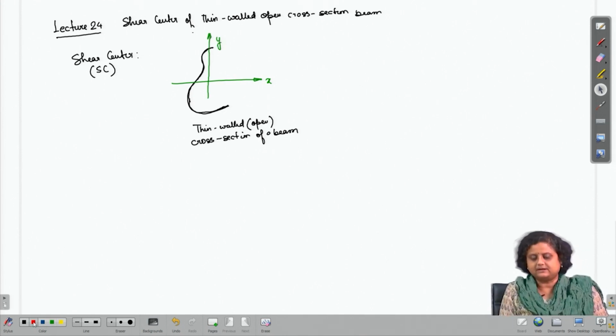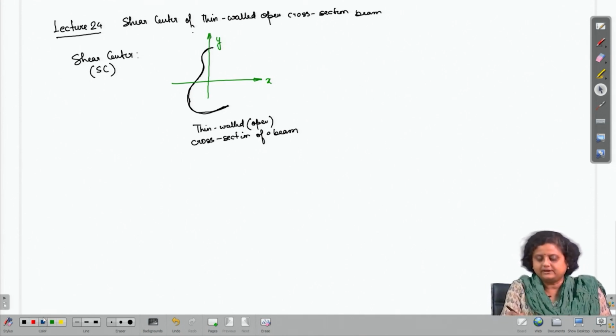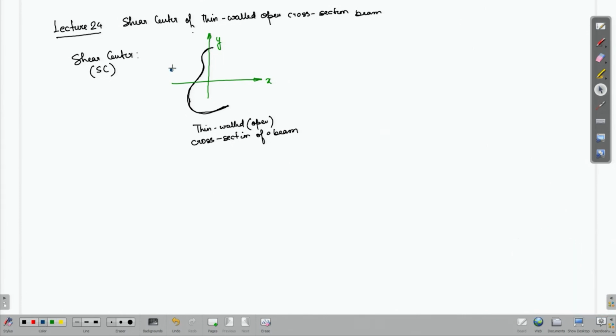Now, shear center is that point on the plane of the cross section of the beam. So, this is the shear center, such that if the shear forces, that is Sx and Sy, pass through this shear center, then there would be no twisting or torsional moment in the cross section.